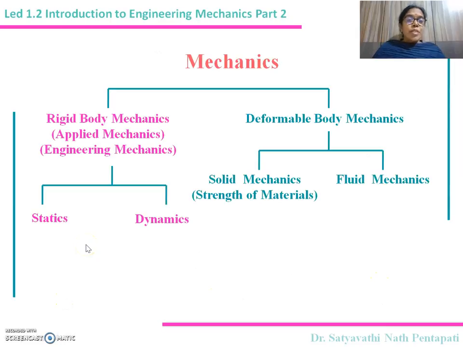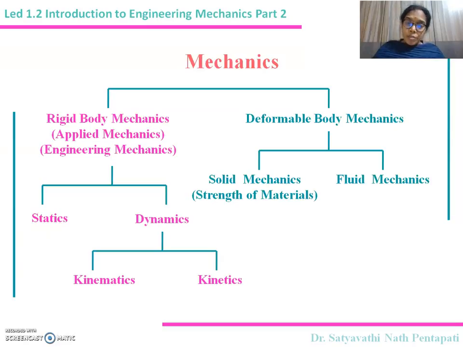So that is about rigid bodies. Now rigid body mechanics can be classified into statics and dynamics. Statics deals with the objects that are at rest even under application of forces, and dynamics deals with the objects which are in motion under the application of forces.